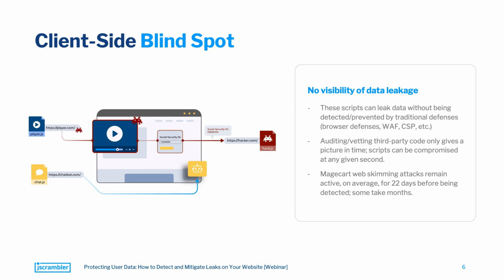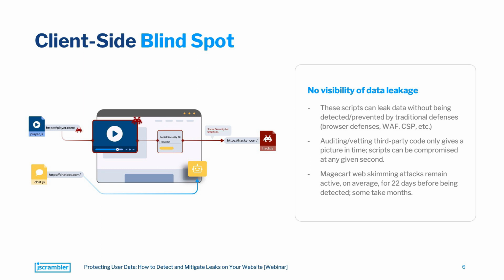The defenses that are most common today to protect websites, such as browser defenses and web application firewalls, or even more modern things like using a content security policy, are just not enough to prevent at least one effect that occurs as a result of vulnerability to these supply chain attacks, and that's data leakage, effectively. But I'm going to let Pedro explore that later on.